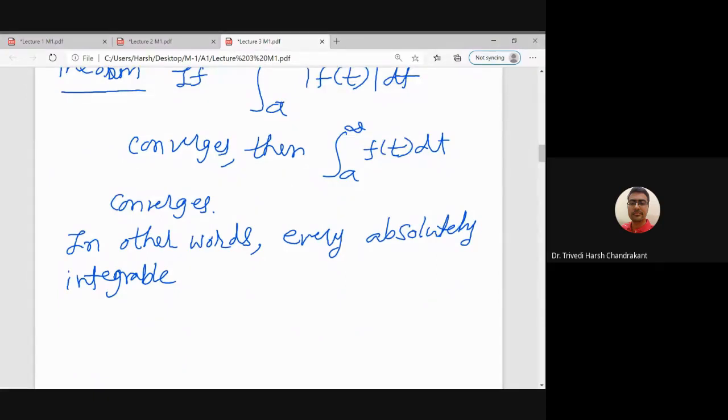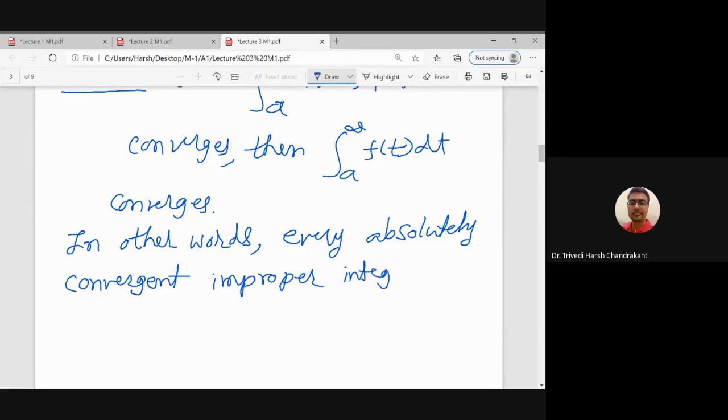Every absolutely convergent improper integral is always convergent.